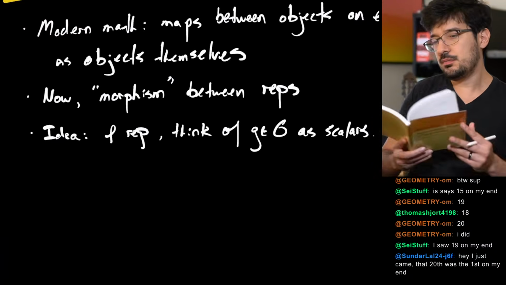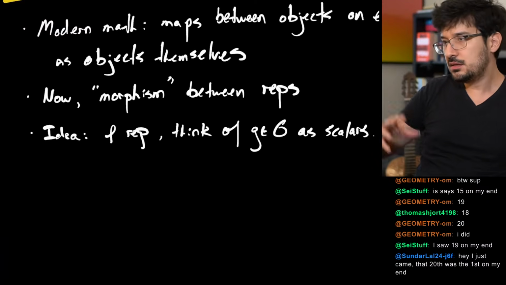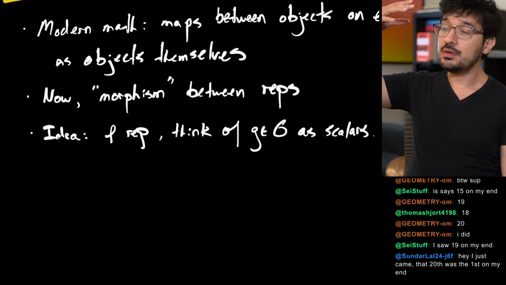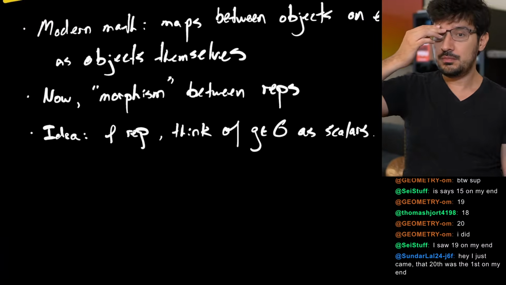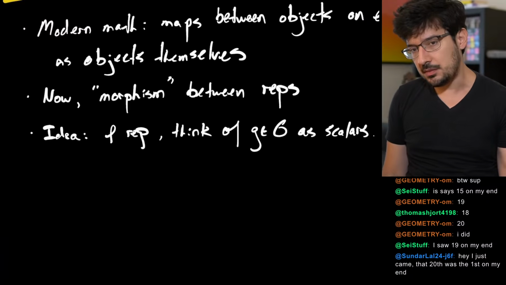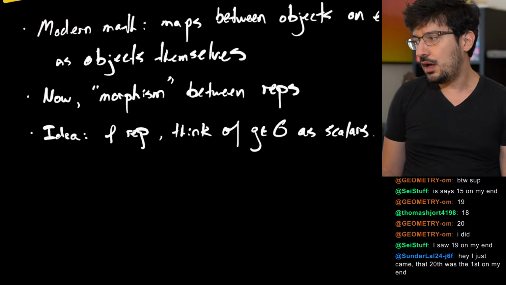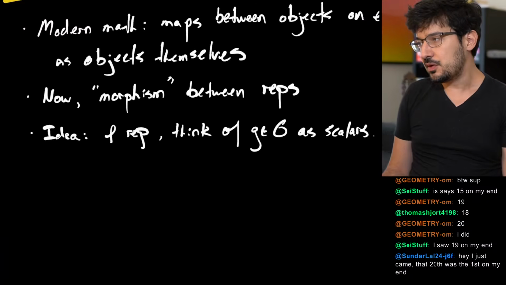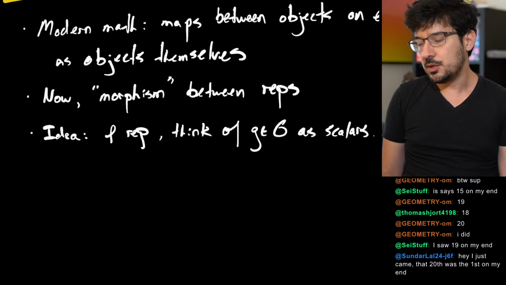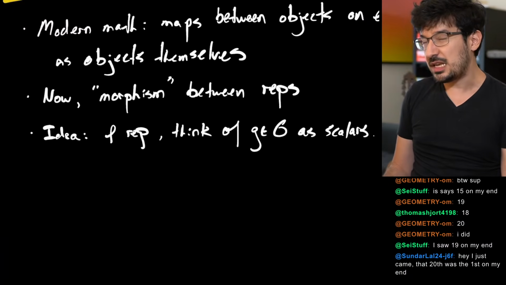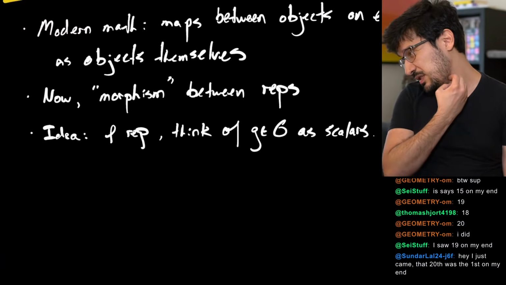So we can map between different representations, because reps are homomorphisms and you can multiply them, and then they represent another representation.